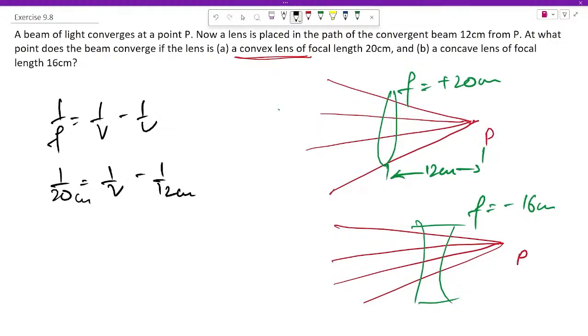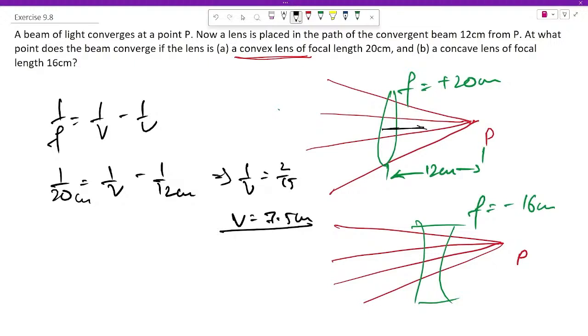Solving this, we will get a value of 1/v as 2/15, or v as 7.5 centimeter. So it is at 7.5 centimeter away from this convex lens.